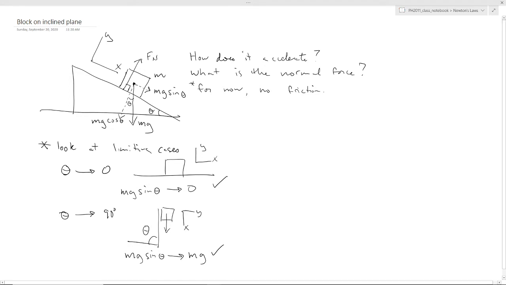And then by the same token, the normal force when theta goes to 90 degrees, when it's just falling next to the ramp practically, there's no component anymore that would be into the ramp anymore. So the normal force in this case would go to 0.